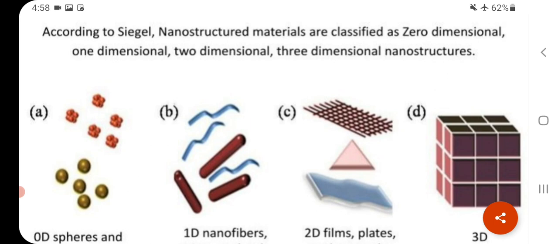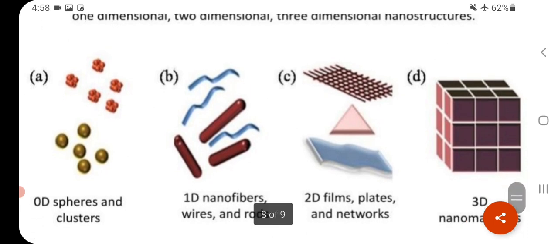Examples are particles, quantum dots or hollow spheres. 0D quantum dots are extensively used for LEDs, solar cells, lasers, etc. The 0D nanomaterials can be crystalline or polycrystalline, can be amorphous or crystalline, and can exist individually or in a matrix. The first diagram shows 0D spheres and clusters, that is, zero-dimensional nanomaterials.